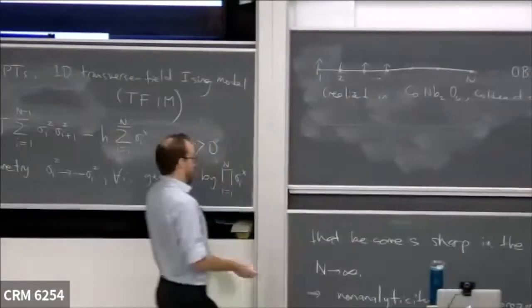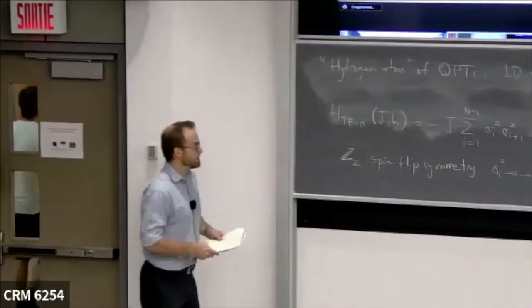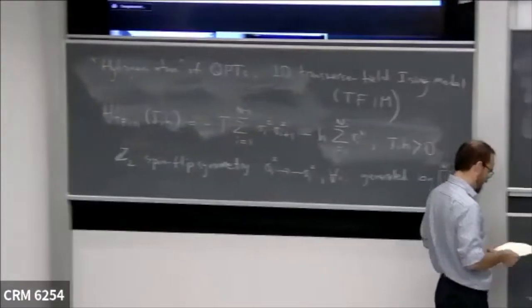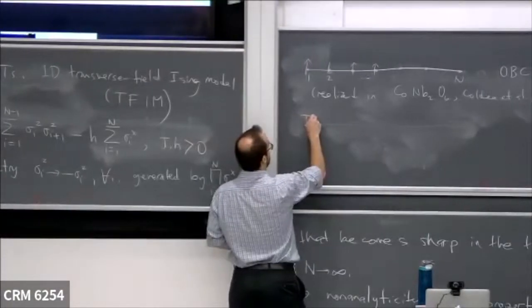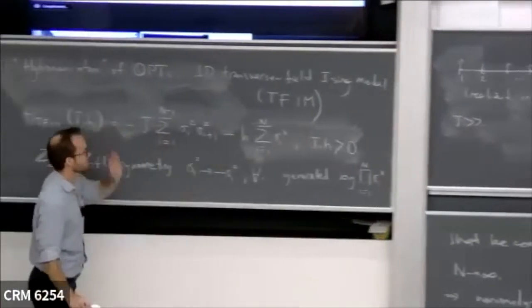So, as always, to understand phases of a Hamiltonian, it's good to look at limits in the space of couplings. There's only one parameter really at zero temperature, which is the ratio of these couplings.